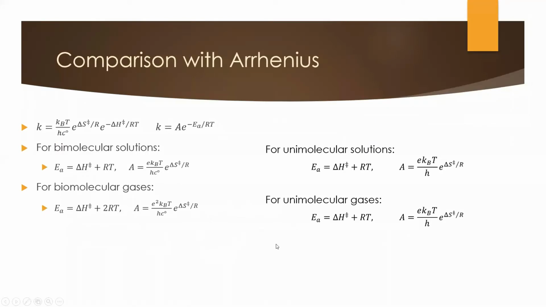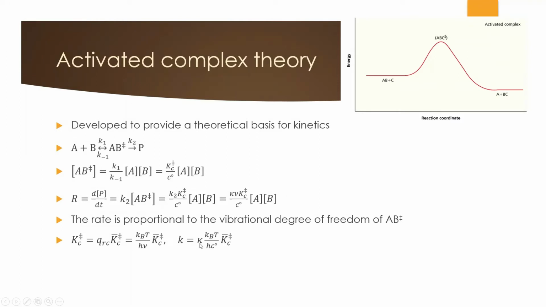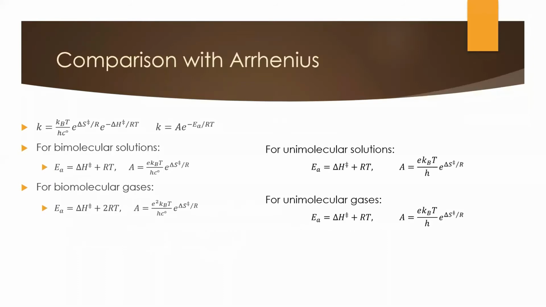We can go back and compare this to the Arrhenius rate law. I'm not going to go into this in too much detail, but essentially what we do is we can end up saying that here we have K is equal to kappa KBT over H times the equilibrium constant. We can break that equilibrium constant down through the free energy into entropy and enthalpy, and that gives us this expression here.